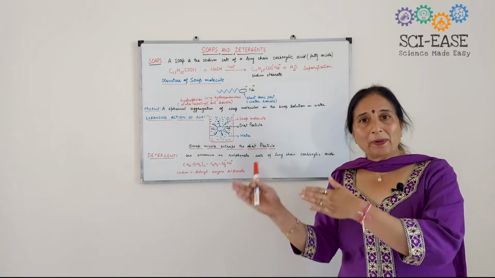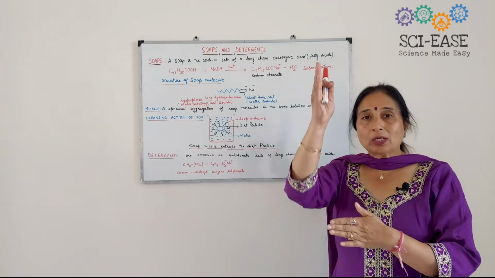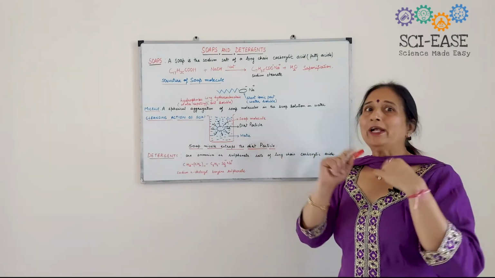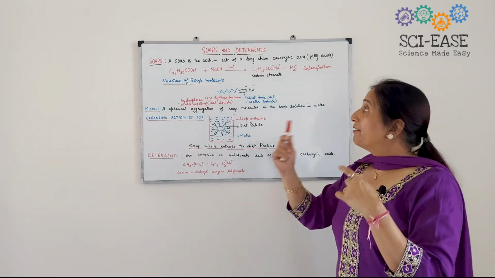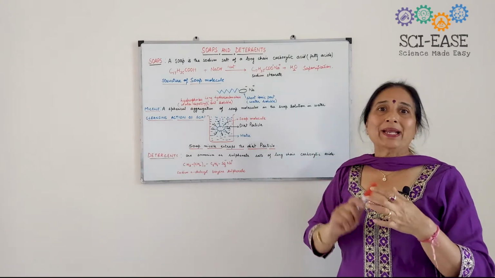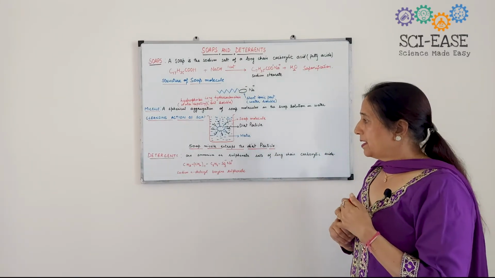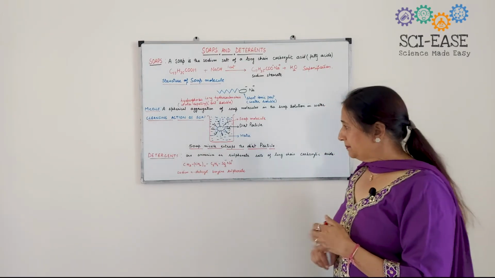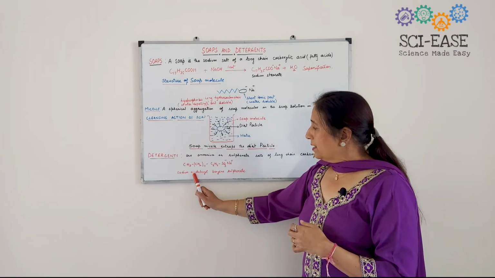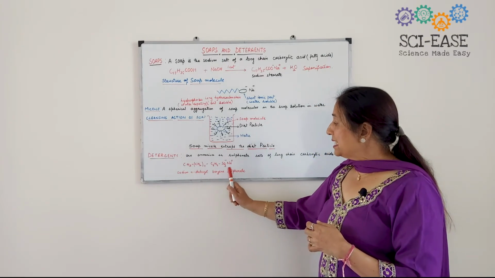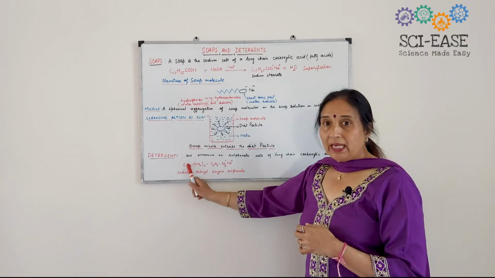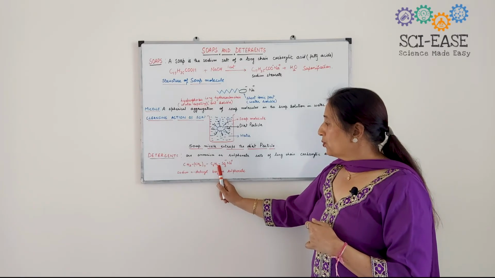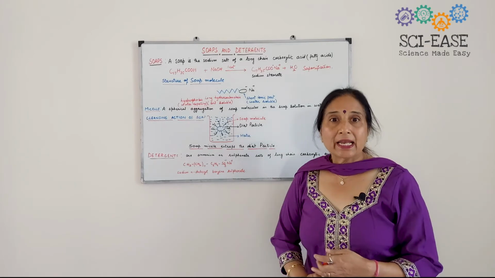Whenever the difference between soap and detergent is asked, you have to draw a line between the two, soap and detergent, and the first point should be about the definition, or you can say structure or components of soap or detergent. So I have written the formula of a very common detergent, sodium N dodecyl benzene sulfonate, CH3 (CH2)11 C6H4 SO3 negative Na positive.